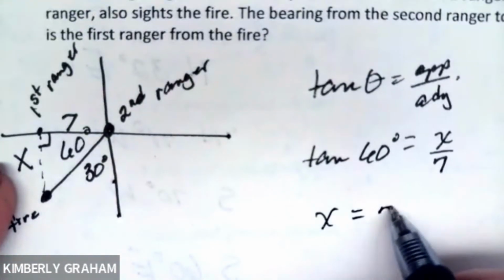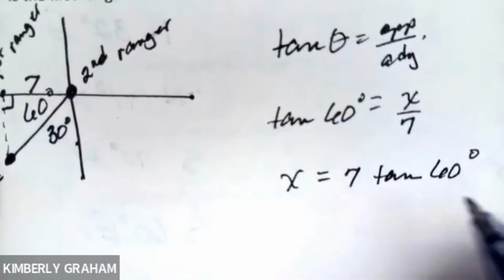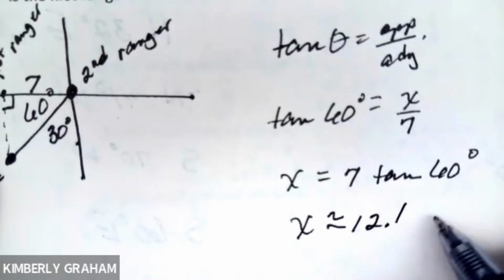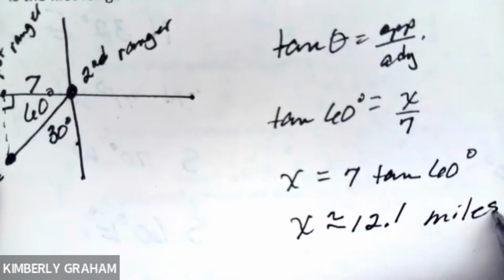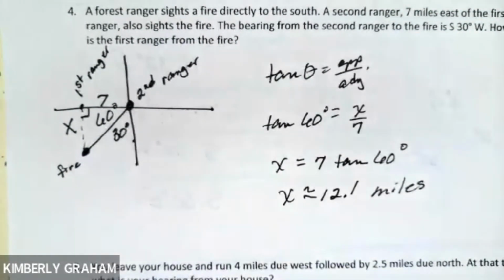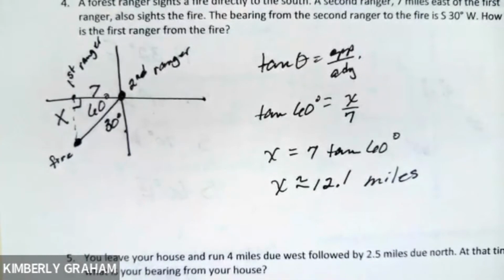So x is going to be 7 times the tangent of 60 degrees. Stick that into the calculator and you get approximately 12.1 miles. Are there questions with that?